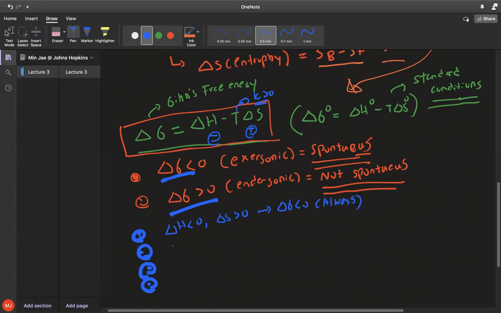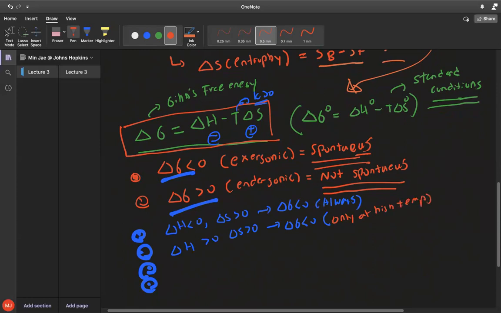Now, if delta H is positive and delta S is positive, then the reaction is spontaneous only at high temperature, right?